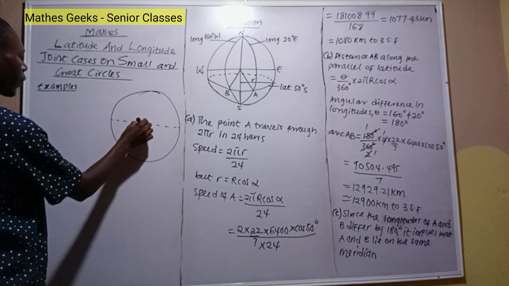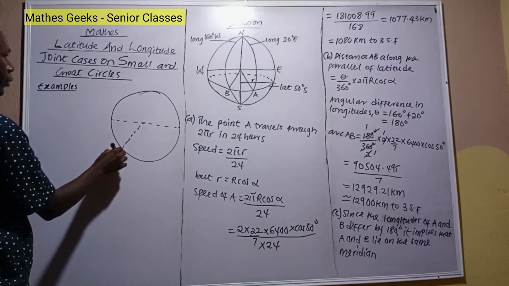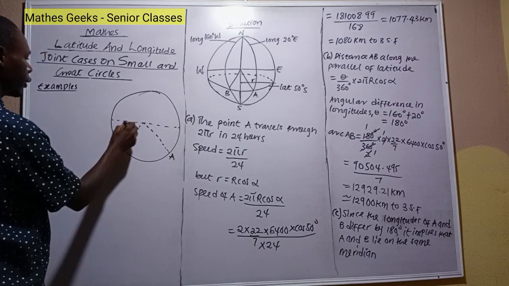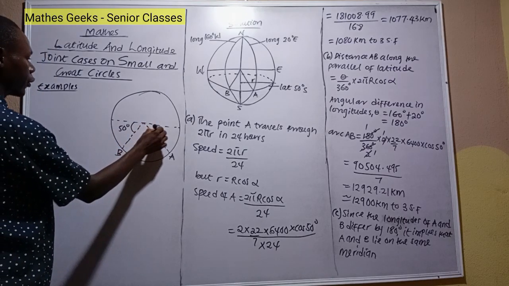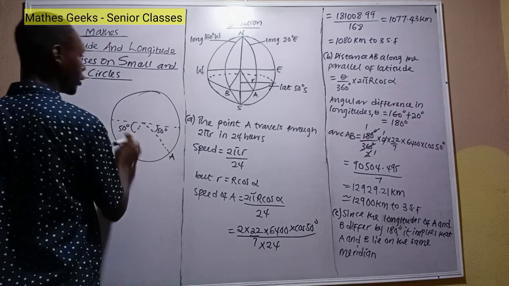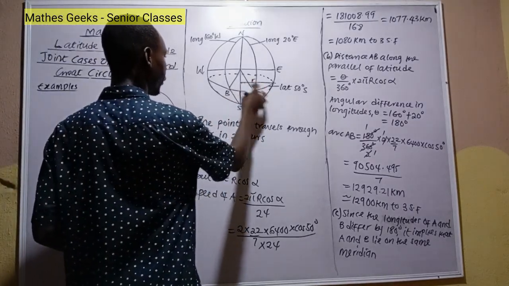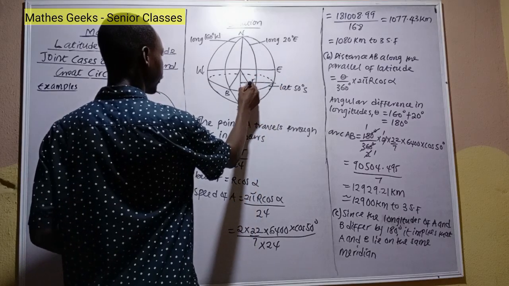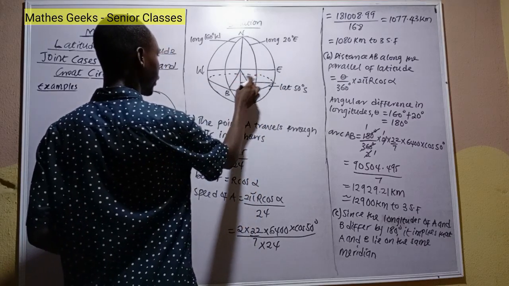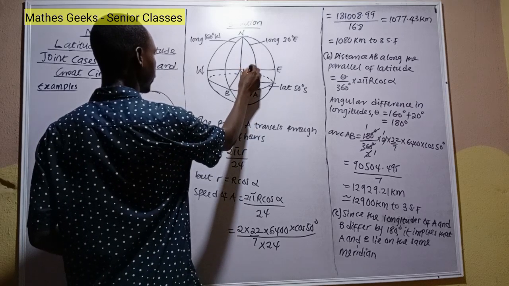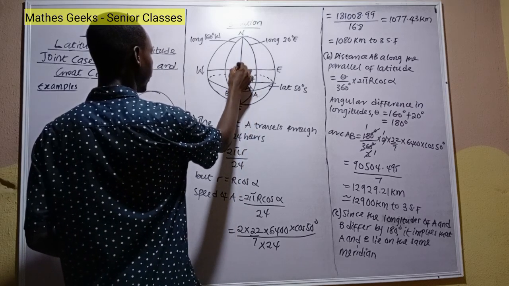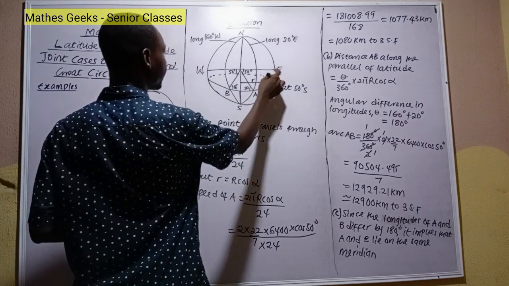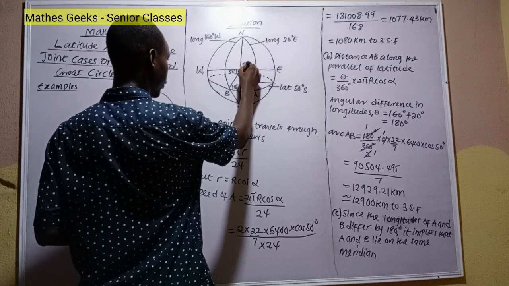This meridian, and then we have here point B, then point E. So the angle here is 50 degrees, and the angle here is 50 degrees. How we arrived at this: since both A and B are on parallel of latitude 50 degrees south, the angle inclined here is 50 degrees, and by alternate angles, here's 50 degrees. Same here, 50 degrees.